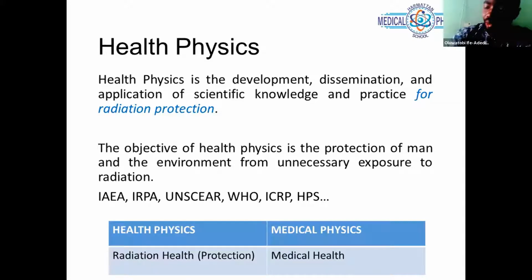So the important thing to note is that health physics can actually be described summarily as radiation protection. And the objective of health physics is the protection of man and the environment from unnecessary exposure to radiation.